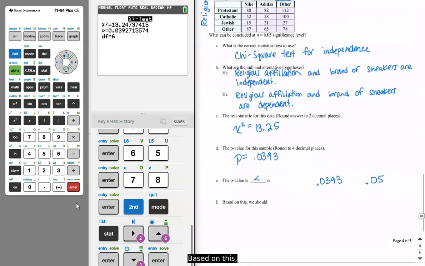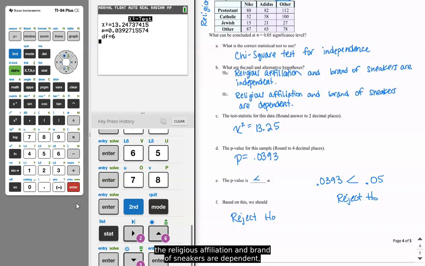Based on this, alpha is greater than the p-value, so we are going to reject the null. So we should be concluding that the religious affiliation and brand of sneakers are dependent, because we're concluding the alternative.